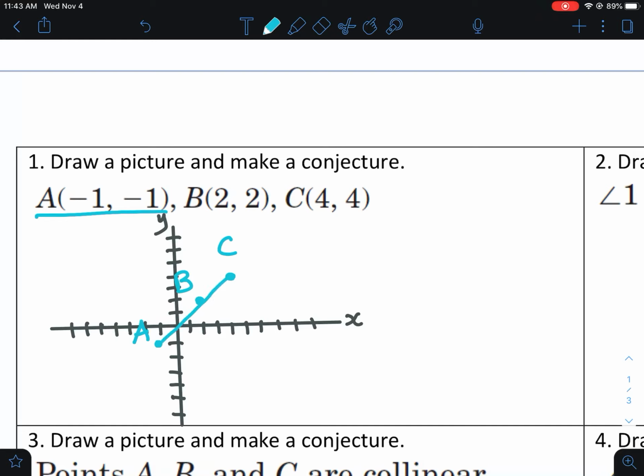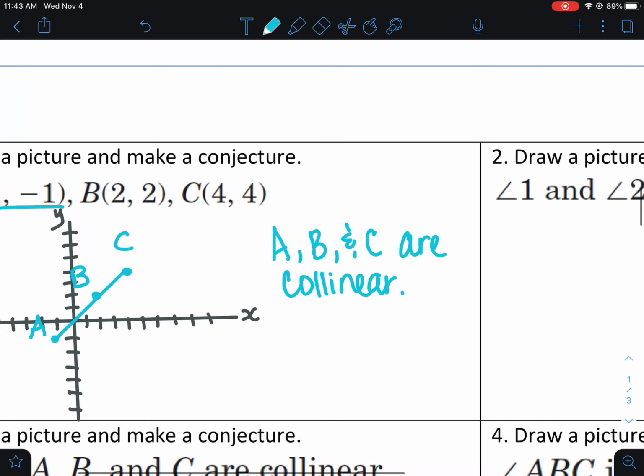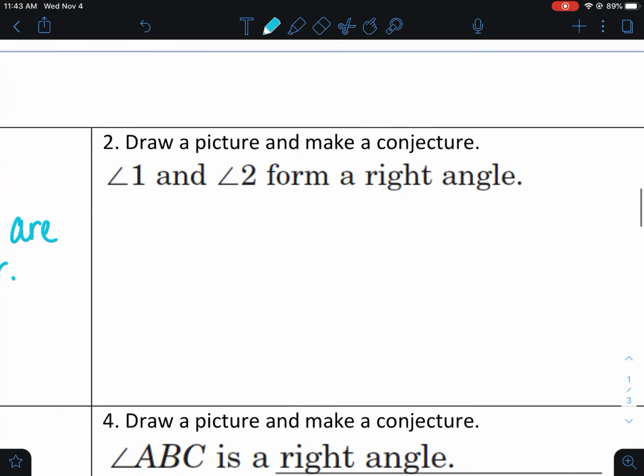We can make the conjecture that these 3 points are collinear. So we could say that A, B, and C are collinear. Another conjecture you could say is that the line that joins A, B, and C has a slope of 1. So conjectures aren't necessarily one right answer.